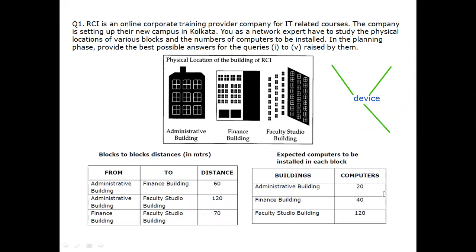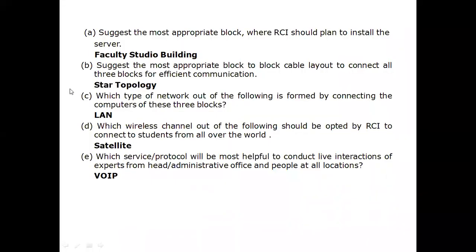We have already done this in the last video also. We have done the various types of topology. So which topology does this diagram depict? It depicts the star topology. Like here we have a hub and here we are connected with the different nodes. So the answer here is star topology.